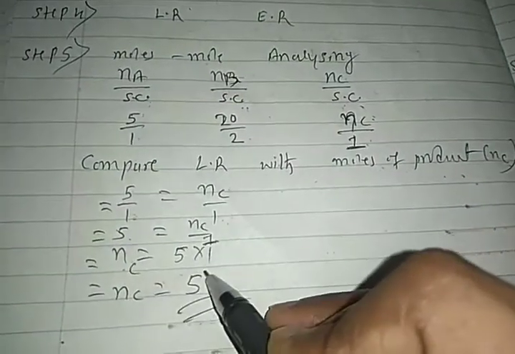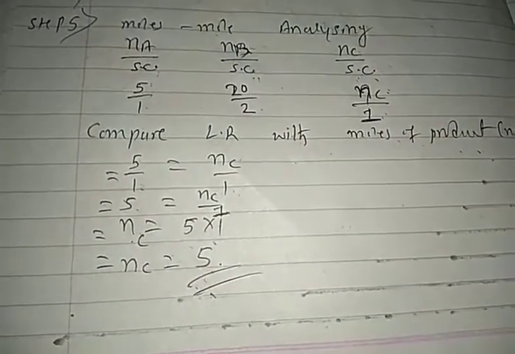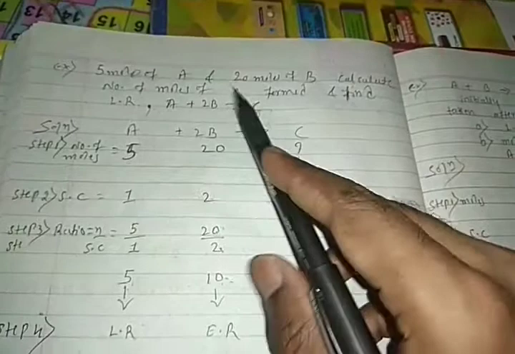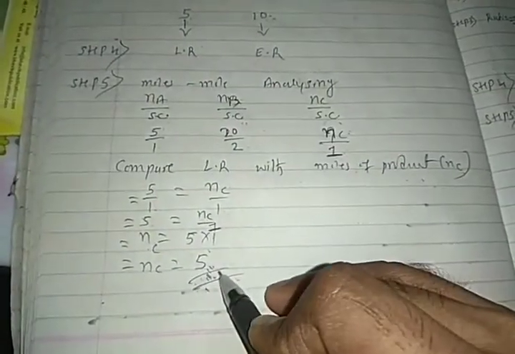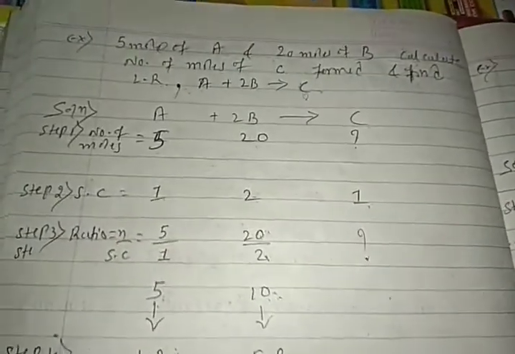We got the number of moles of C as 5, and A is the limiting reagent. Right, students? I hope you understood.